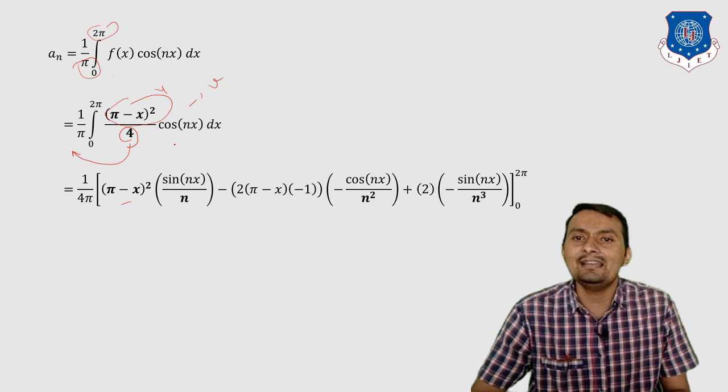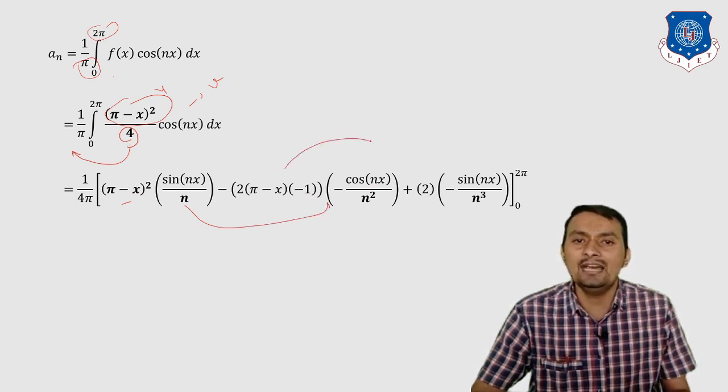So u is there, integration of the cos is sin nx divided by n, then the derivative of (pi minus x) square can be written as 2 times (pi minus x) into minus 1, and then again integration of this one is minus cos nx divided by n square, the derivative of this one is going to be only 2, because the derivative of pi minus x is minus 1, but minus times minus gives plus.